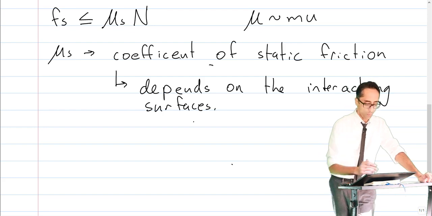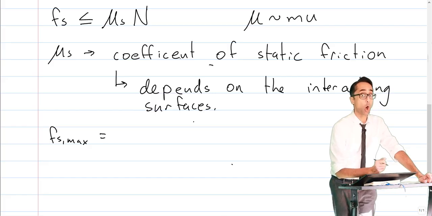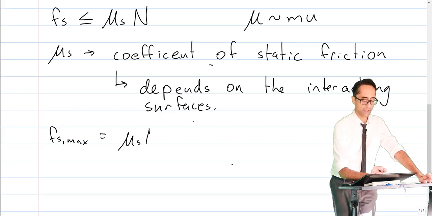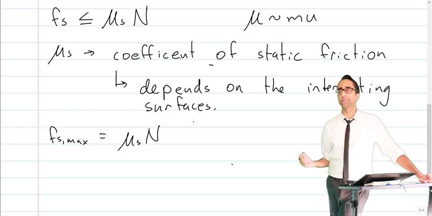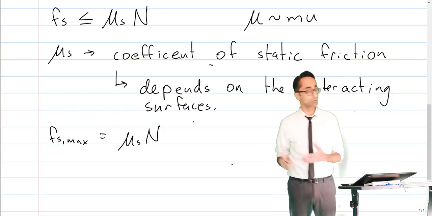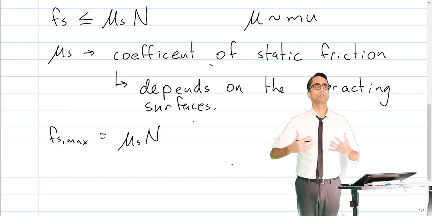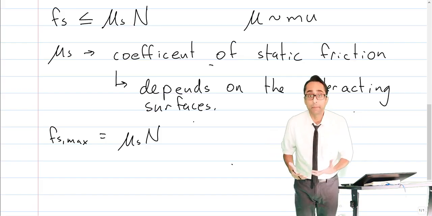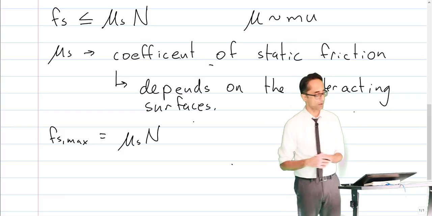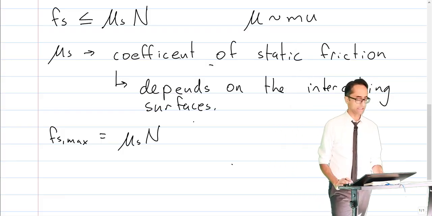In fact, why don't we write this, that Fs maximum, which is usually what we end up using in a lot of problems, is equal to mu s times n. Now, it would be a very specific problem where you would set your static frictional force equal to mu times n. It would be the kind of question where you're just overcoming the force or just about to overcome the static frictional force. You'll get experience with that idea.